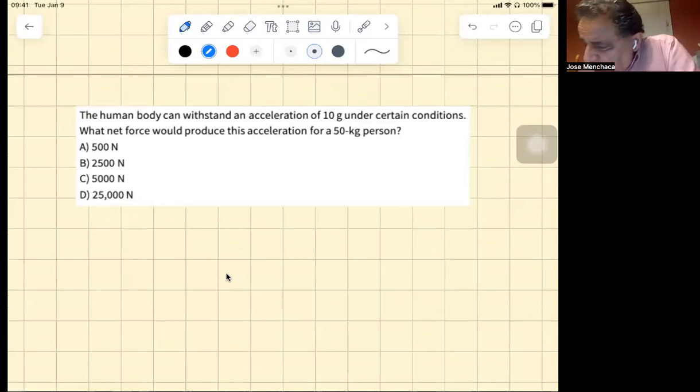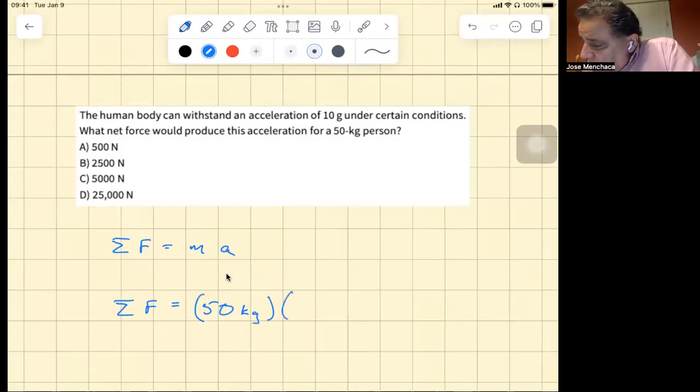So we're going to use this, the sum of the forces, the net force equals mass times acceleration. So we want to know what is that net force that would cause a 50 kilogram person to experience 10 G's, which is 100 meters per second squared.